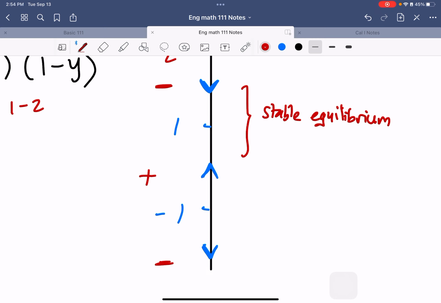And here it gives you unstable because it's going the other way around, on both sides, right? So it's more unstable. Okay.